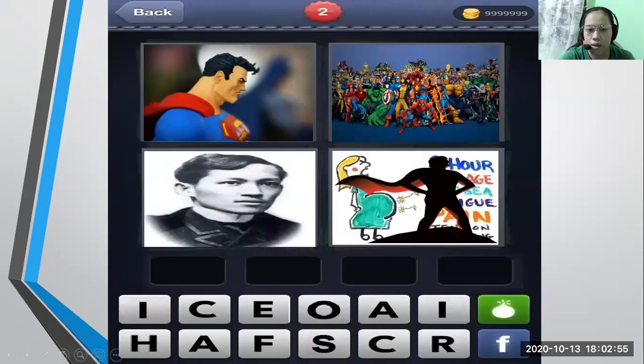Okay, so let's begin with this activity. I know that you're already familiar with this. This is what we call the 4 picks 1 word. So I want you to get a piece of paper and a pen and try to answer this 4 picks 1 word. I'll be giving you 10 seconds to answer.